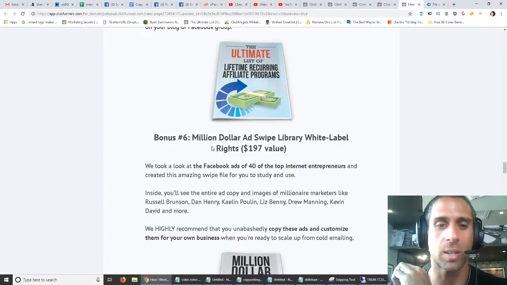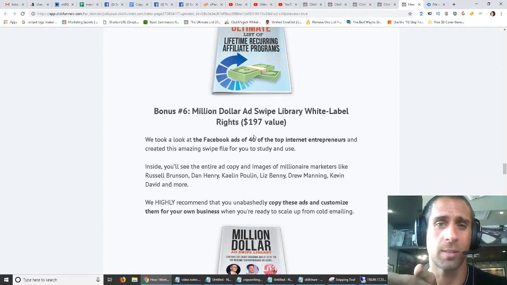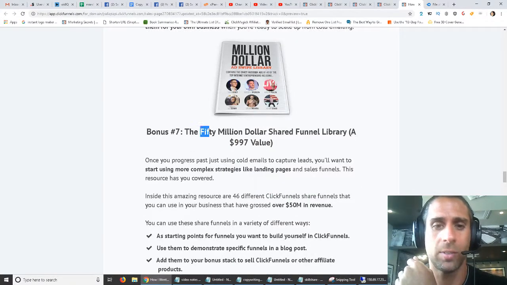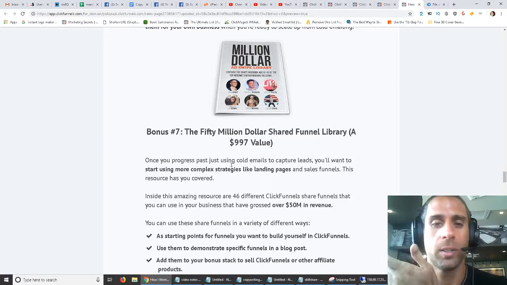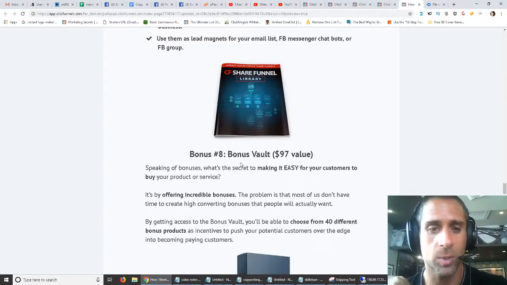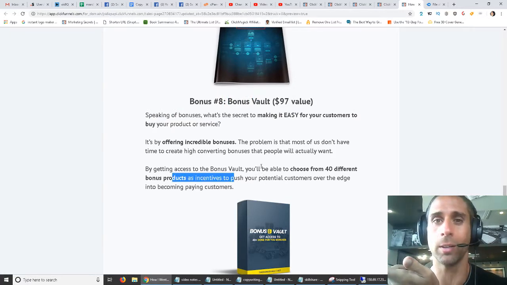Some of these things are just nice to have, like $1 million ad swipes. You could probably just Google this. $50 million shared from the library, you could get this just by looking them up individually, which is a pain. Bonus vault, 40 different bonus products. That's cool, but do you really need all those?